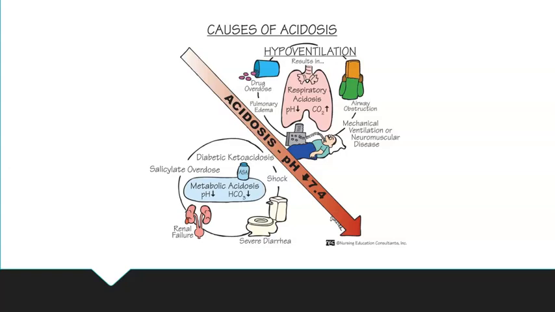It can be a result of pulmonary edema, where there's extra fluid in the lungs, decreasing the ability to oxygenate the blood, which will increase your CO2. Airway obstructions or mechanical ventilation, if the vent settings are not appropriate, the patient won't be able to get rid of CO2 effectively.